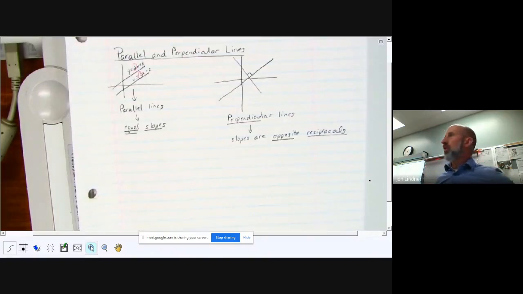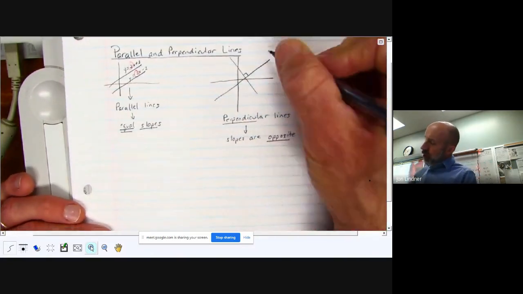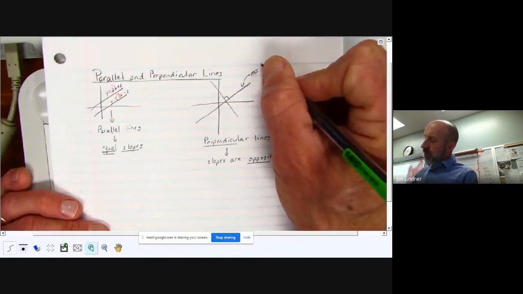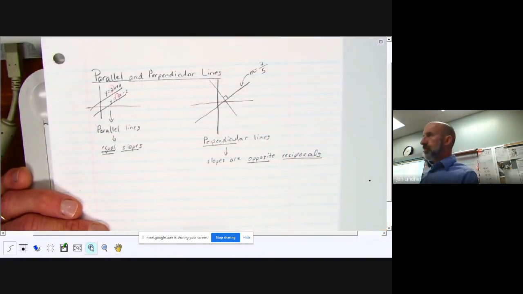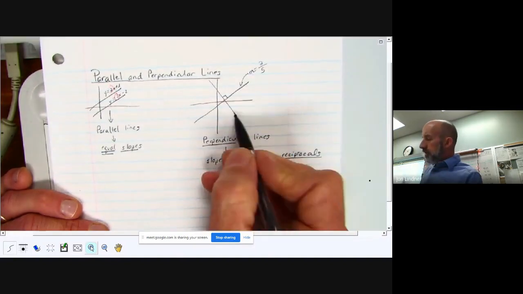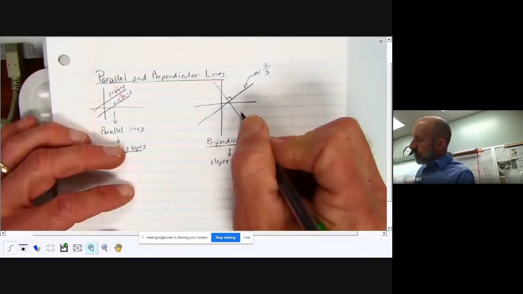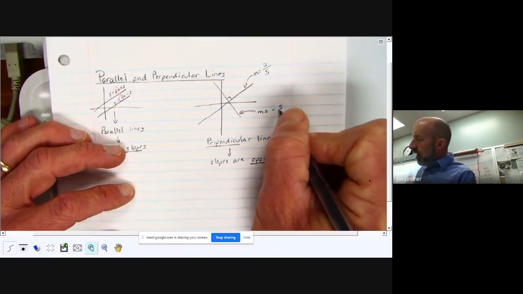Opposite reciprocals. What does that mean? Well, we need to remember what reciprocals are. That's where you flip a fraction, right? So, if the slope of this line was 2/5, and this line down here is perpendicular to it, the slope of this line would be -5/2.